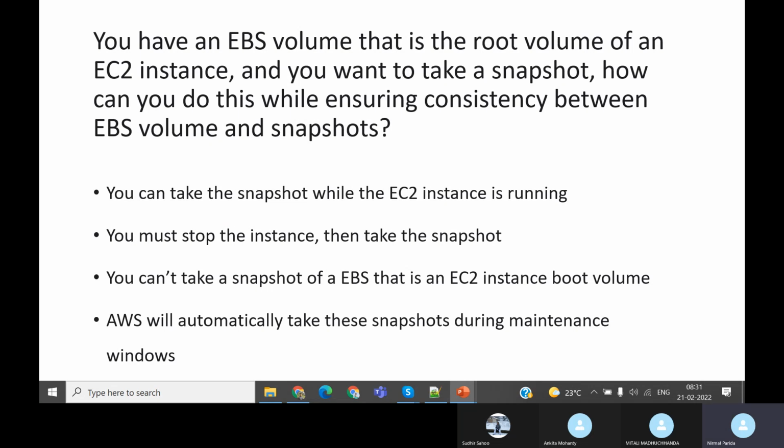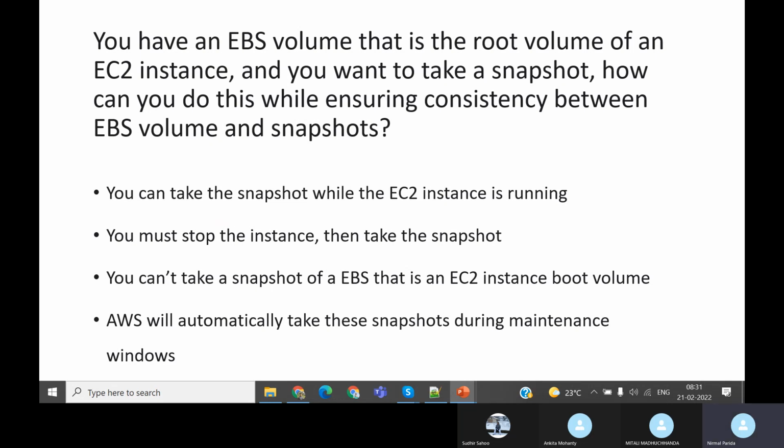So there will be how you can maintain the consistency. That means the data in the volume should be the same as the data in the snapshot. So there will be no data mismatch.